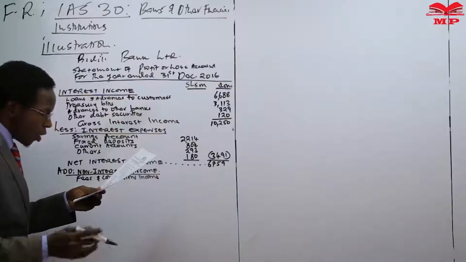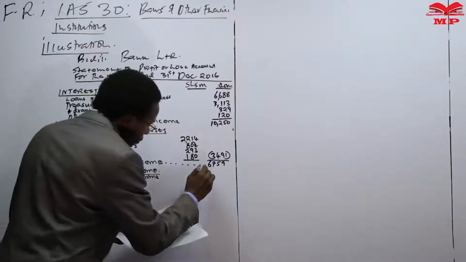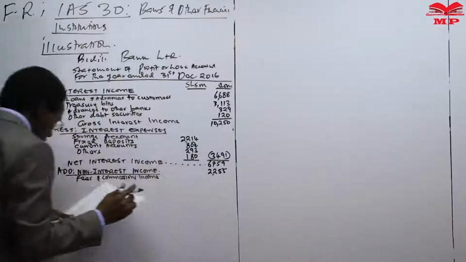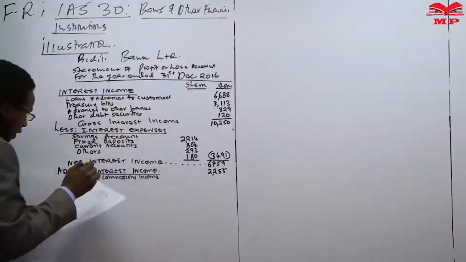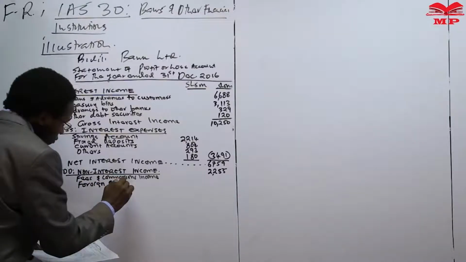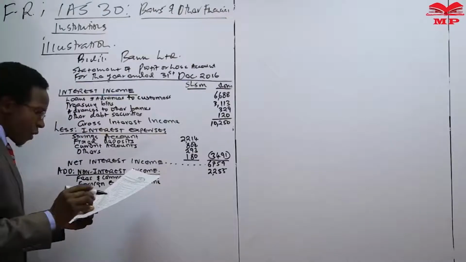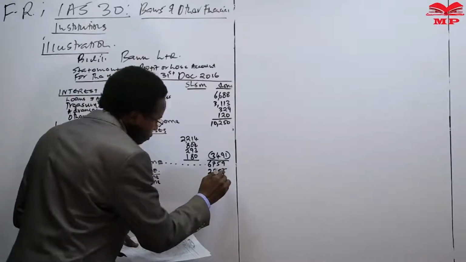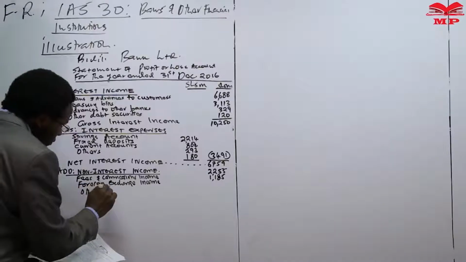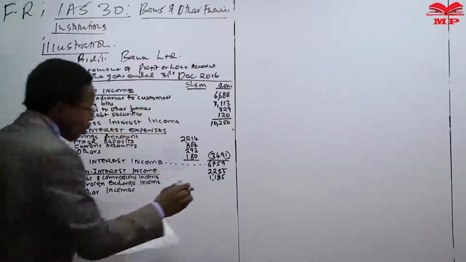I'm seeing a figure of 2255. We are also looking at foreign exchange income. We are seeing a figure 1185. There's also other incomes. Other incomes, I'm seeing a figure of 111.